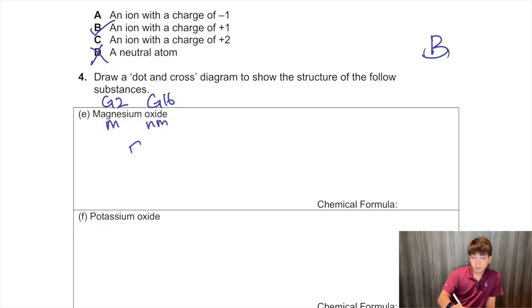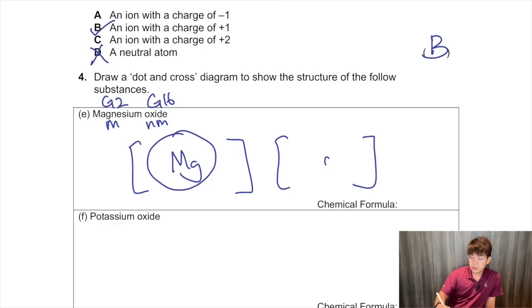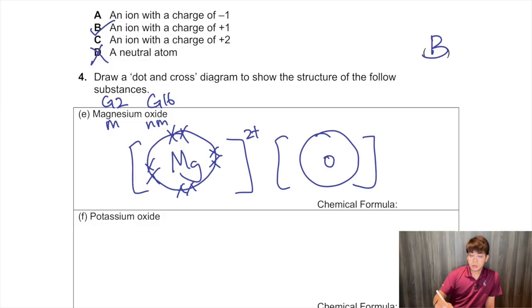So I'm looking for my square brackets. Magnesium is Mg from group 2. Oxygen is O from group 16. Straight away, just draw 8 electrons. Group 2 on top should say 2 plus. Oxygen group 16 should say 2 minus.